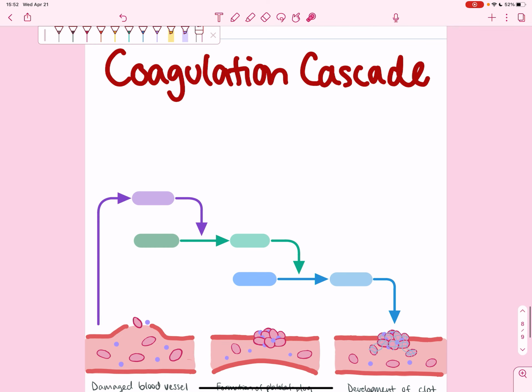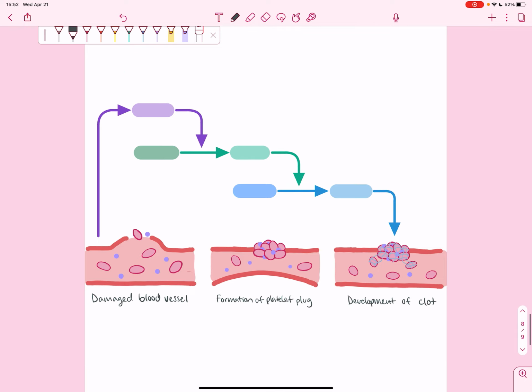Alright, coagulation cascade. Phew! Let's do some labeling. So here we have a damaged blood vessel, right? So an injury to the vessel lining then triggers the release of clotting factors.